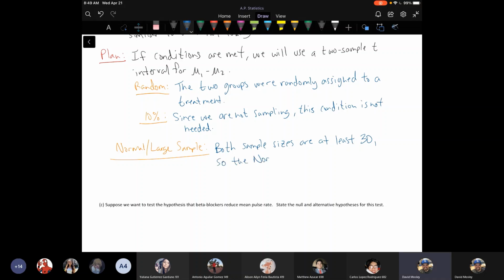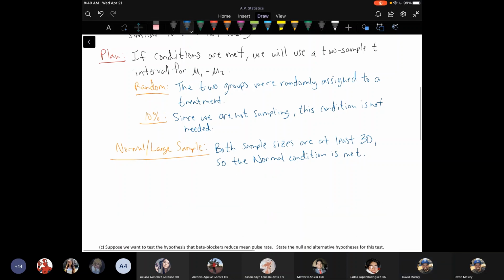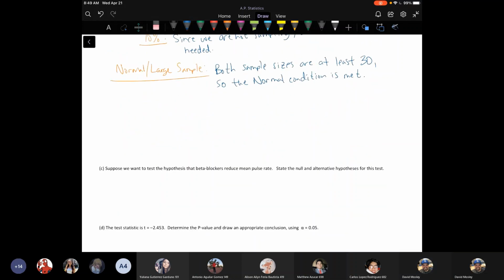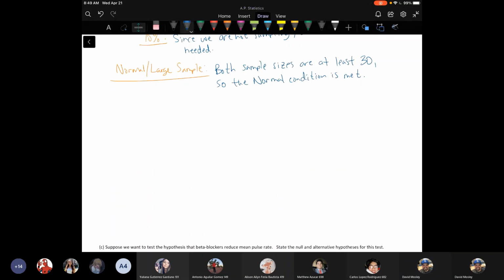So the normal condition is satisfied. All right. So we've checked our conditions now. Awesome. That is the planning step. I need more space. So that brings us to actually doing calculations.